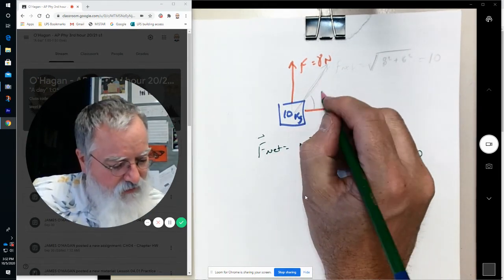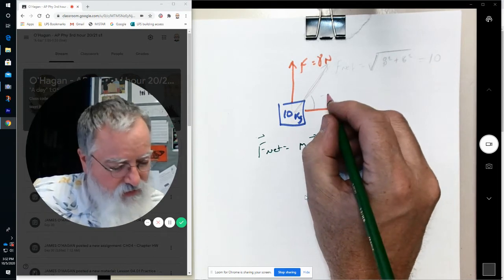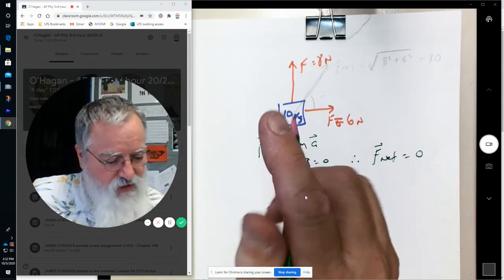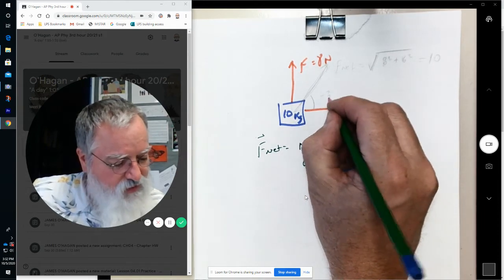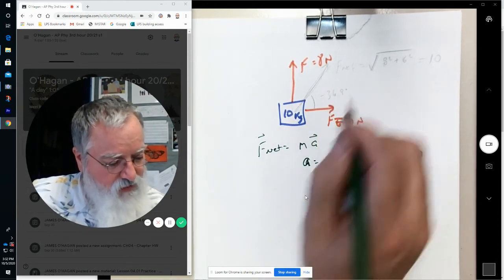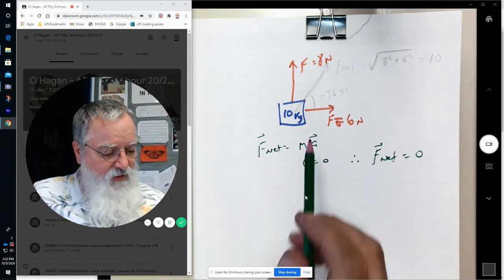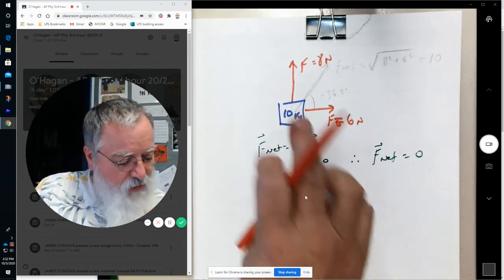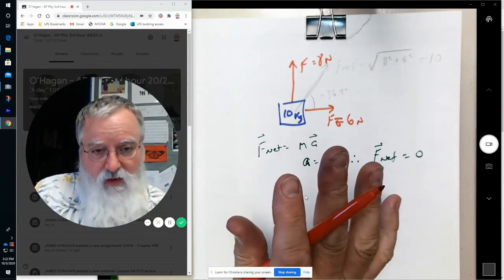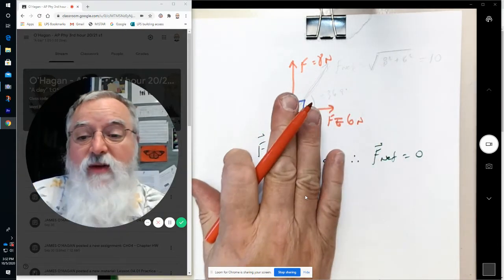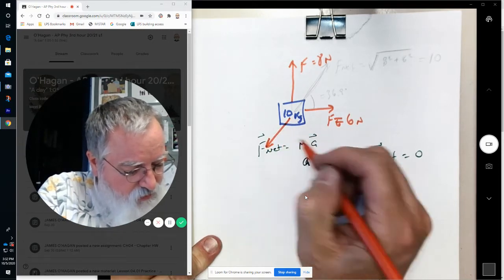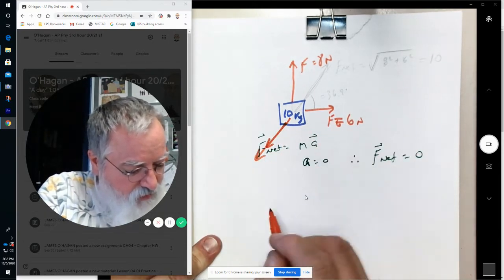The angle of this, I could do inverse tangent to come up with the angle. But the angle is 36.9 degrees. That's what I get when I add up these two. So the force that would balance these, because remember, we want to balance force, goes this way. It's got to be a little bit longer.